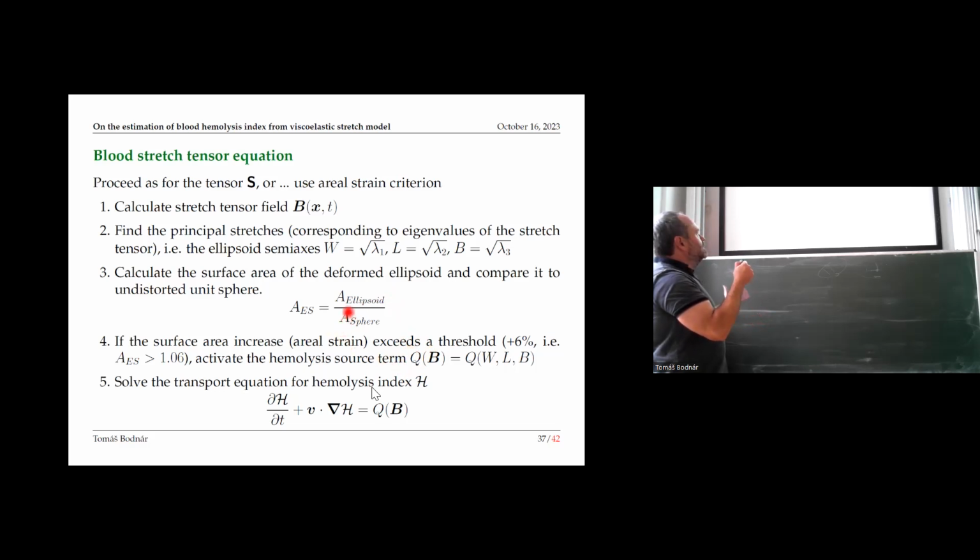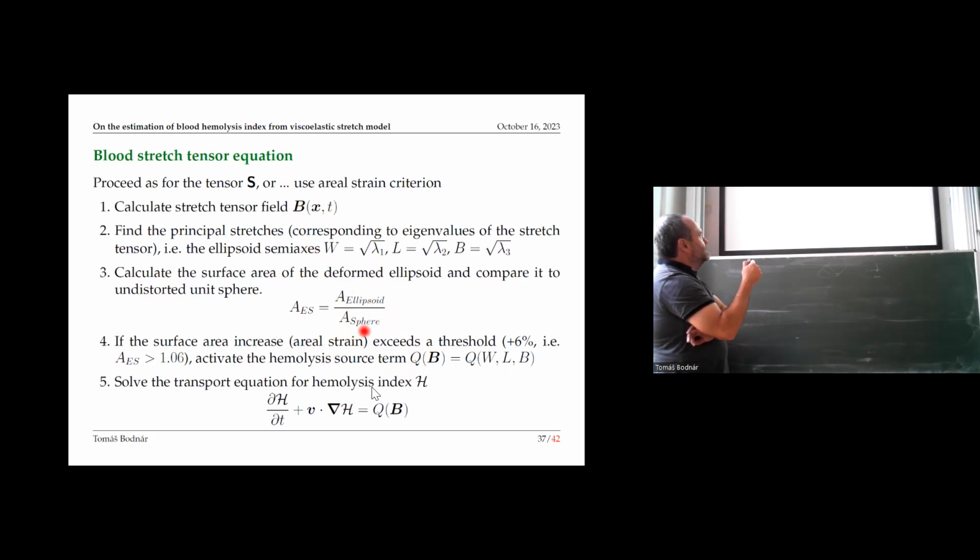Originally the undistorted shape was this one, and I will just do a small distortion. So from a sphere, I will distort to an ellipsoid, so I can compare the surface areas. For the sphere, this tensor B will be just the unit tensor.